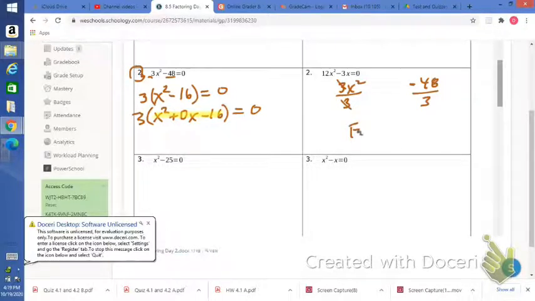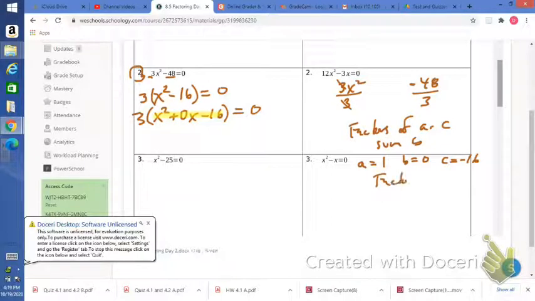So we're looking for factors of a times c that sum to b. So your a equals 1, your b equals 0, your c equals negative 16. So factors of negative 16 that sum to 0.